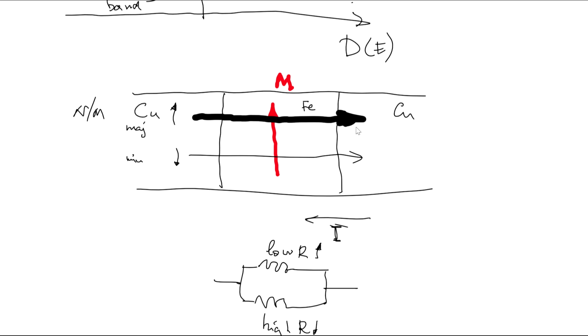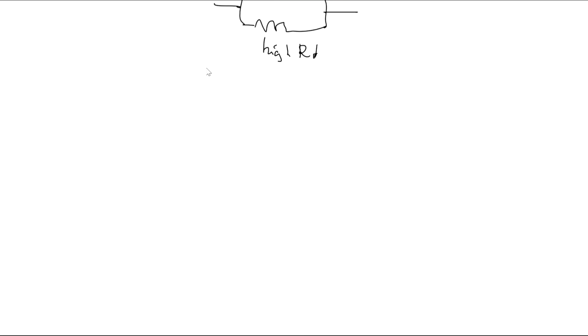So that means that there will be more spin up electrons flowing from the iron into copper than spin downs. So in an ideal ferromagnetic conductor, we would have absolutely no minority spins. We would have only electrons with spin pointing up flowing through iron.